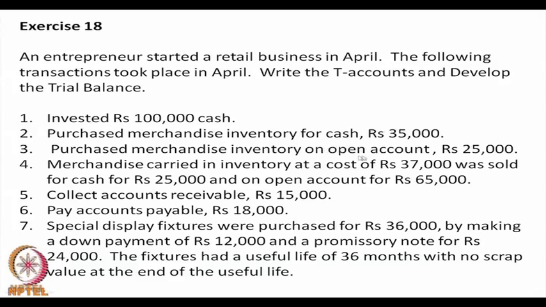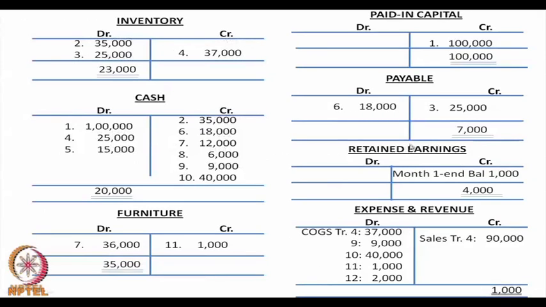In that accounts payable account, the entry has to be made in the credit side, because accounts payable increases and it is a liability. So, payable and inventory, these are the two relevant accounts.